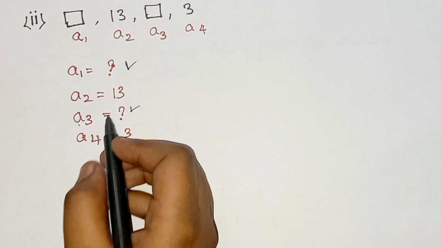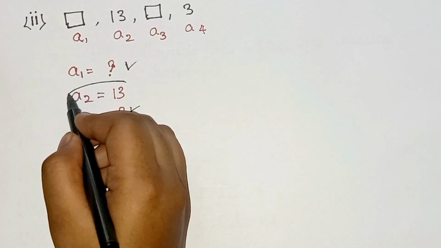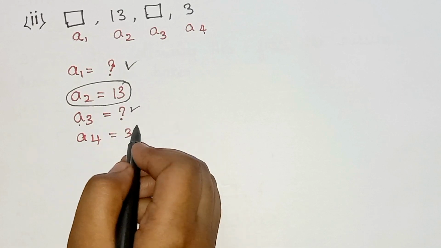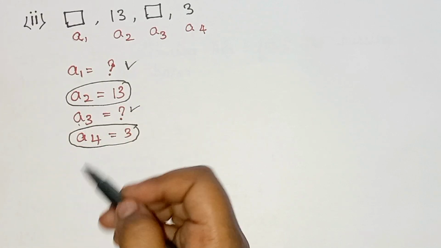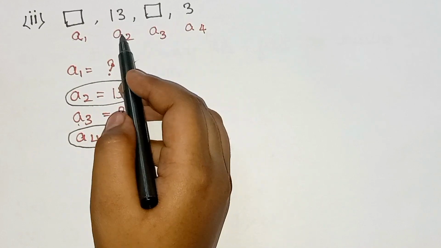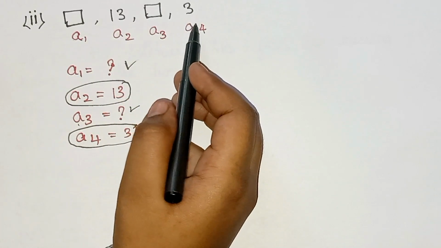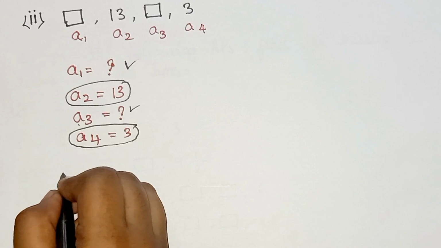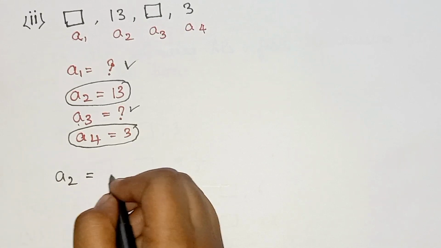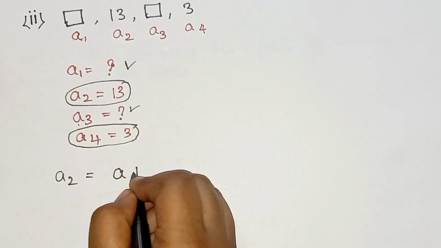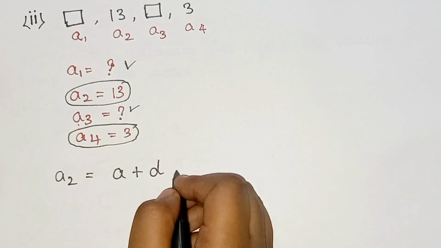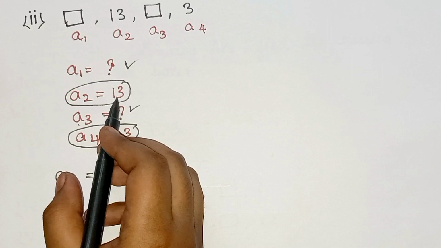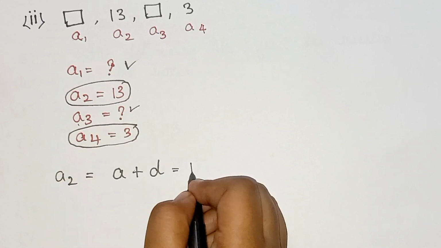So we can actually find it by using the values here. The only clue we have is the second term and the fourth term, because we know the value for the second as well as the fourth term. So A2 I can write as A plus the previous number of 2, which is 1, so A plus D is equal to 13.